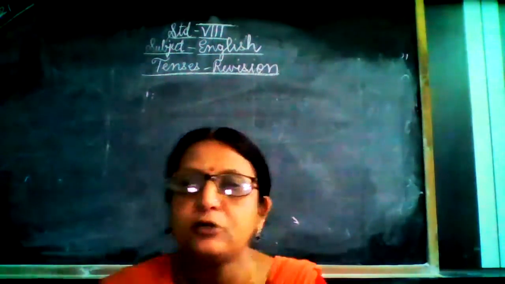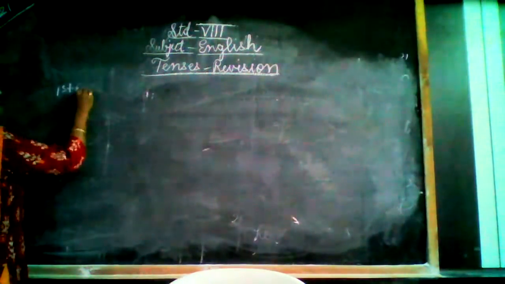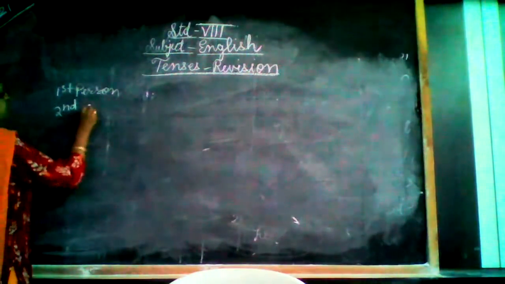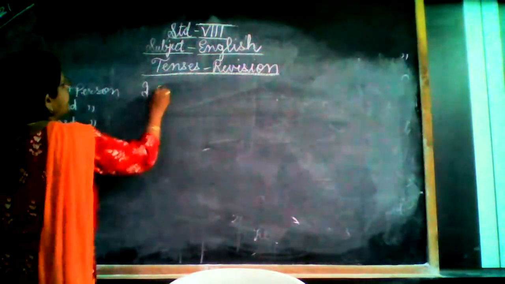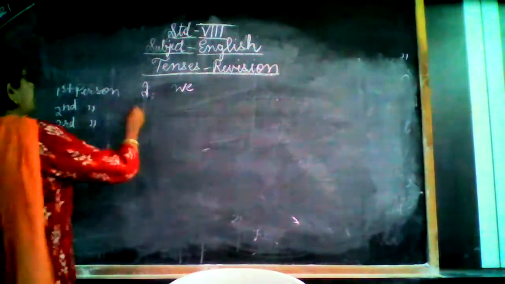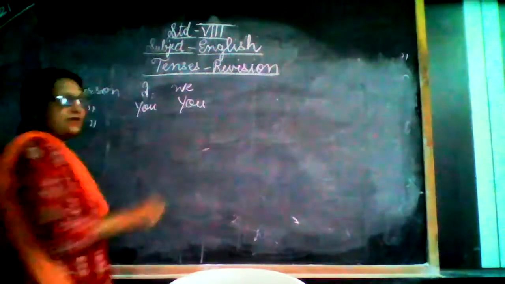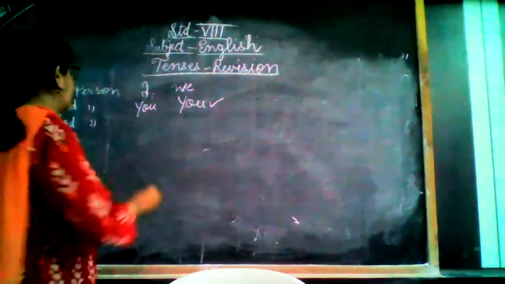Listen here. Before going to the tenses, we know what our first person, second person, and third person are. I and we are the first person, singular and plural. You is the second person. You is singular as well as plural, but grammatically you is always considered plural.